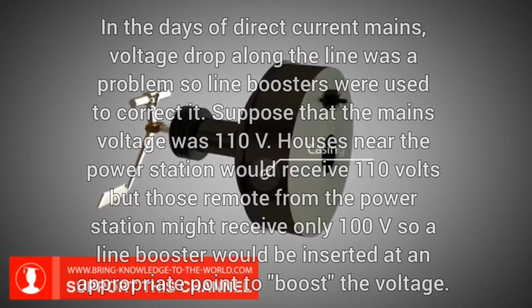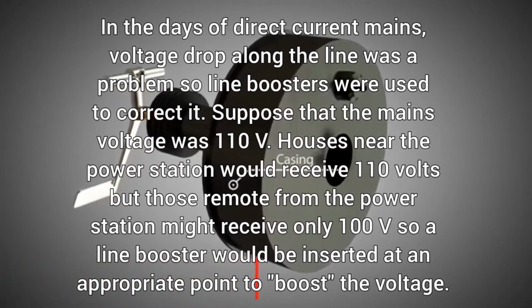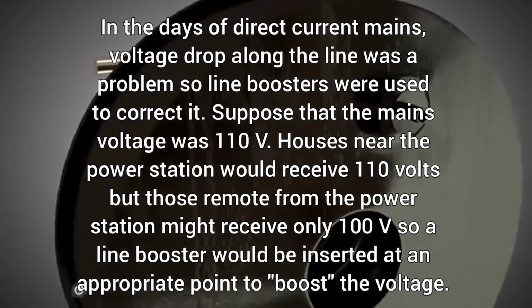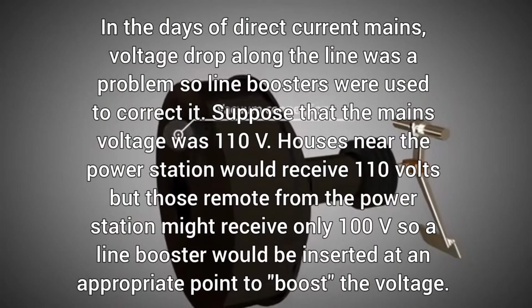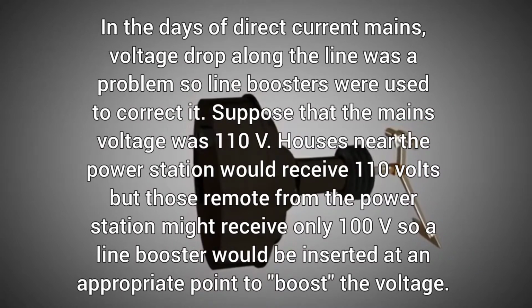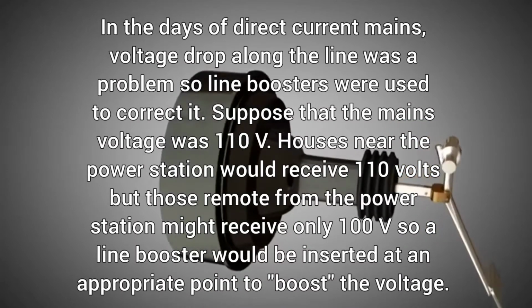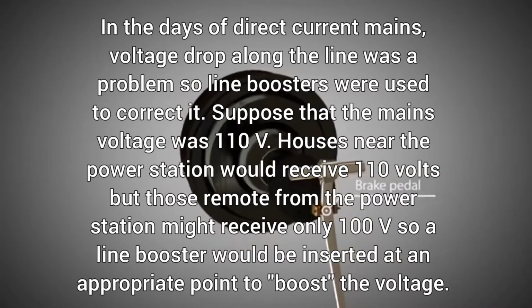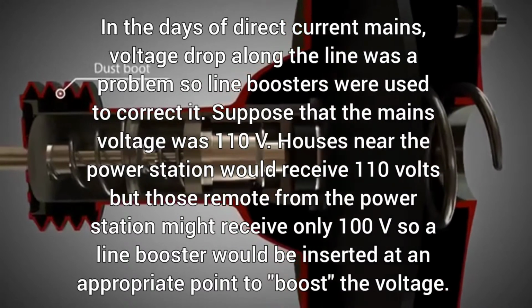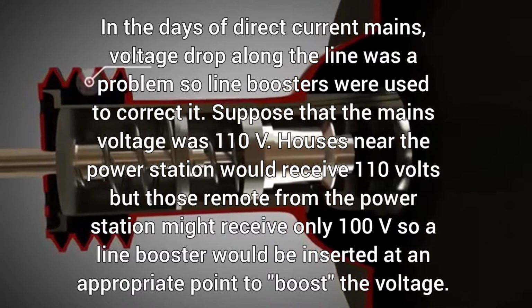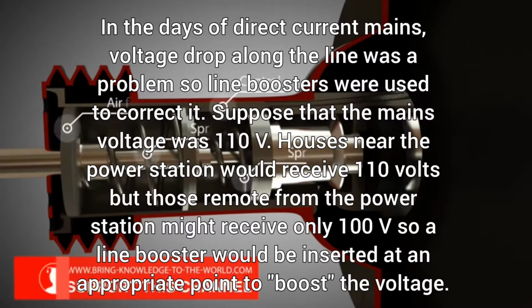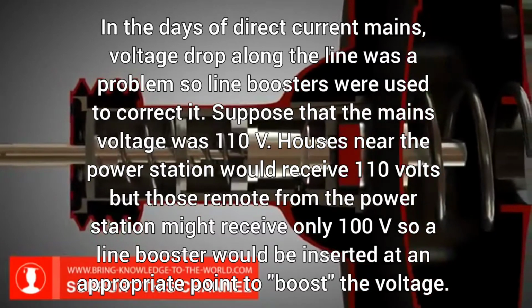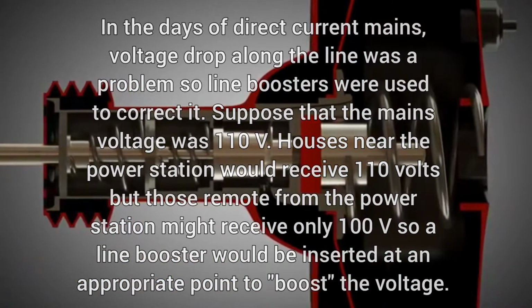In the days of direct current mains, voltage drop along the line was a problem, so line boosters were used to correct it. Suppose that the mains voltage was 110 volts. Houses near the power station would receive 110 volts, but those remote from the power station might receive only 100 volts. So a line booster would be inserted at an appropriate point to boost the voltage.